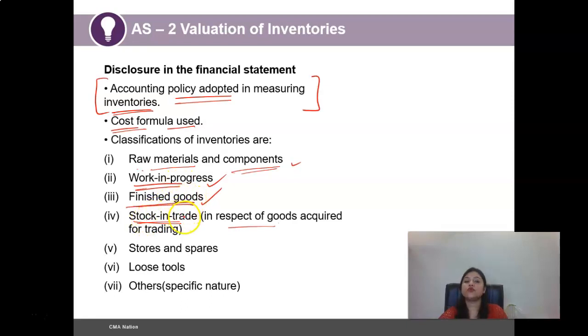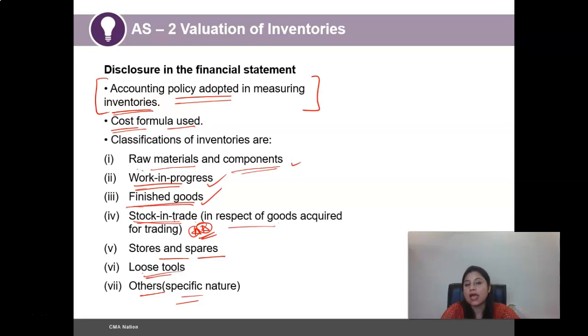So that particular good would be regarded as stock in trade. Then again, we will have stores and spares, we will have loose tools and other specific nature items which would be declared and disclosed in the financial statement as the inventories. That is, at the end of the financial accounting period, such inventories would be shown in the balance sheet.